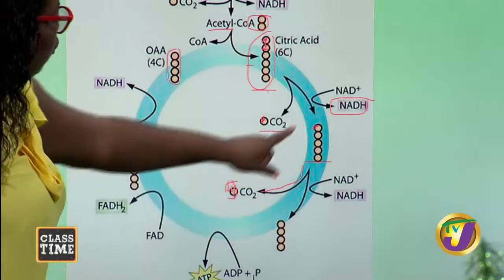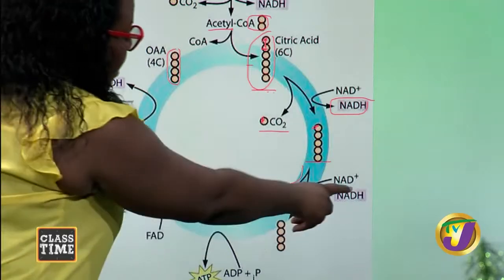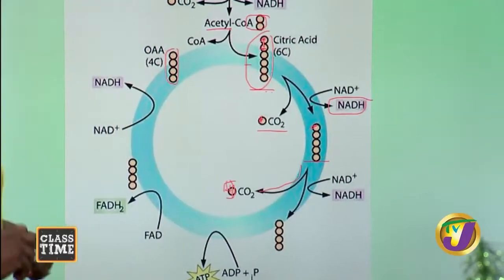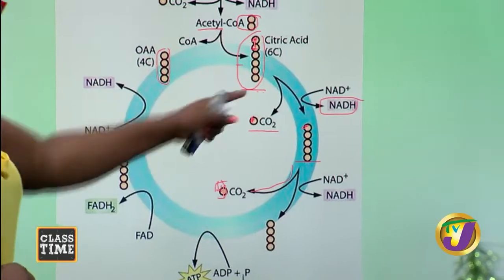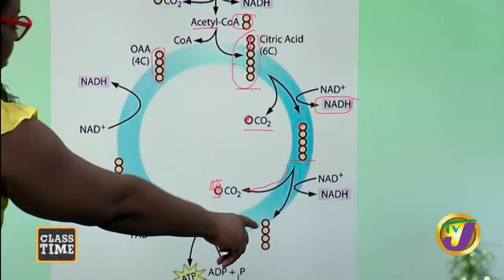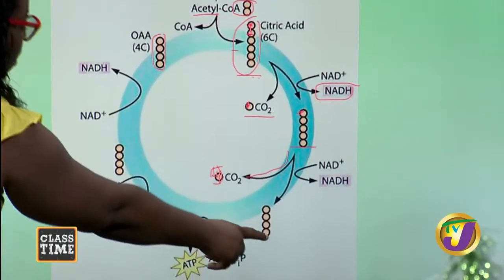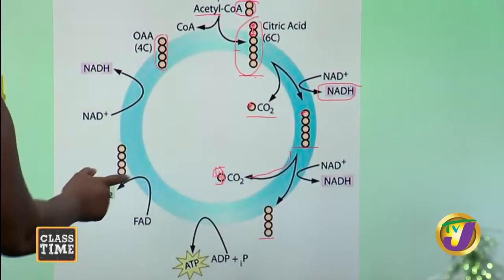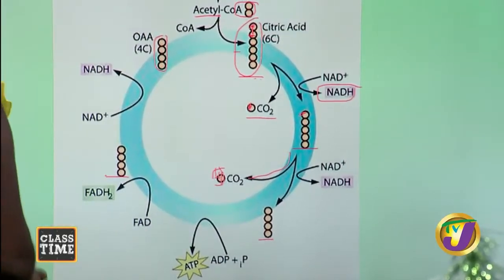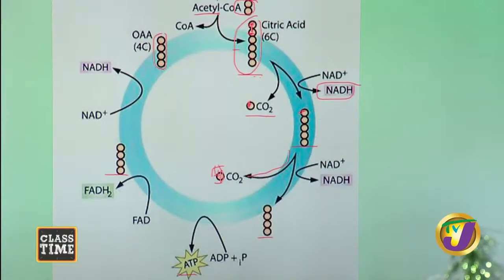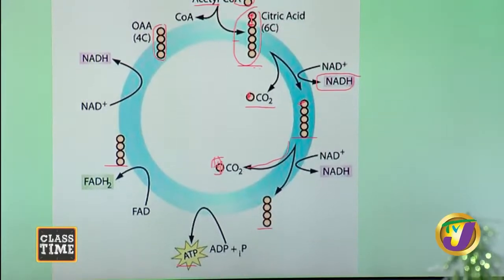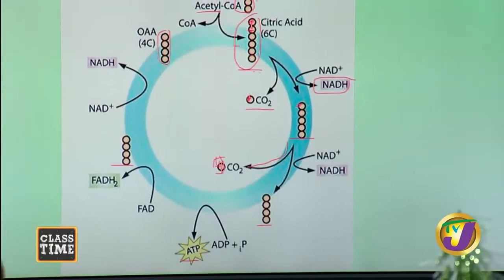The point is that during this process, reduced NAD is also made again. And then, as it goes from one 4-carbon compound to the next 4-carbon compound, ATP is directly made, and we'll talk a little bit more about that.